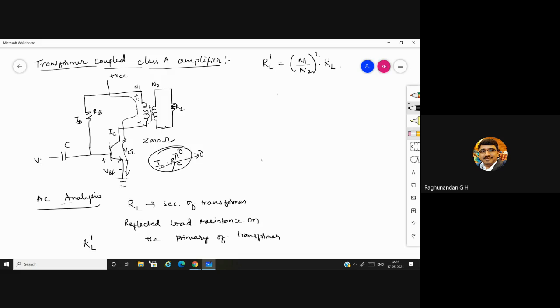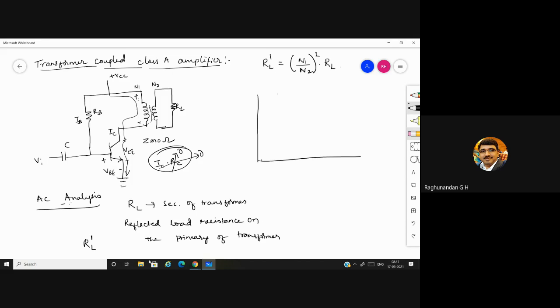Now when you have RL dash on the primary of the transformer, tell me, are we able to get any slope in this case at least?